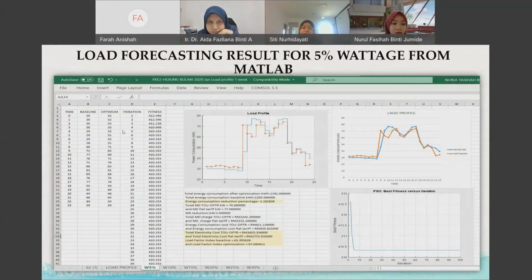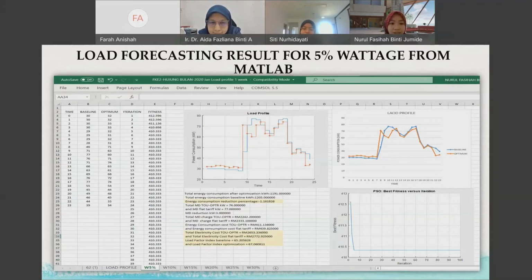So the optimum result here is from the MATLAB algorithm, and also the fitness. This load profile and the fitness are also from the MATLAB.